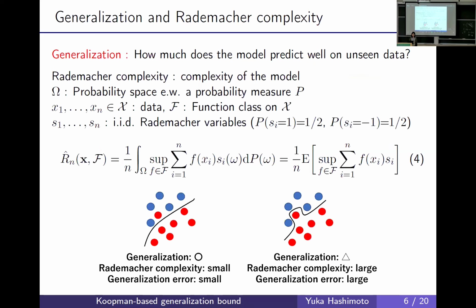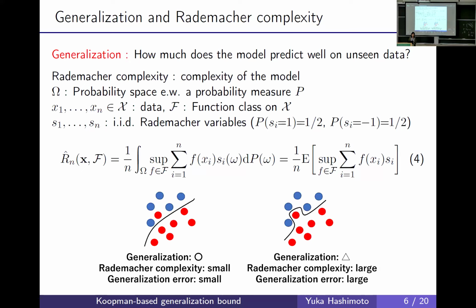In this talk, we focus on the generalization property. Generalization means how well the model predicts on unseen data, not training data. One typical way of evaluating the generalization property is bounding the Rademacher complexity.